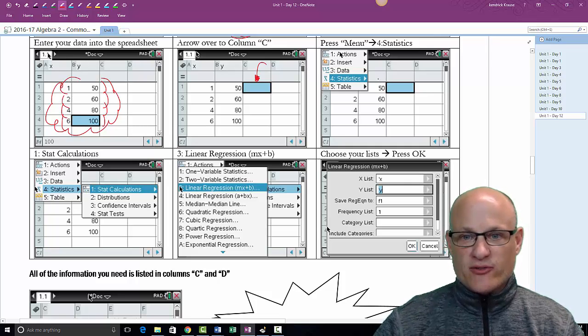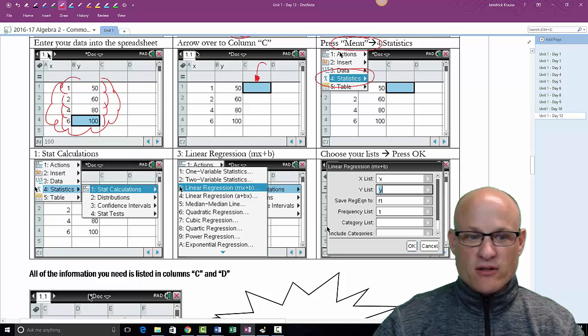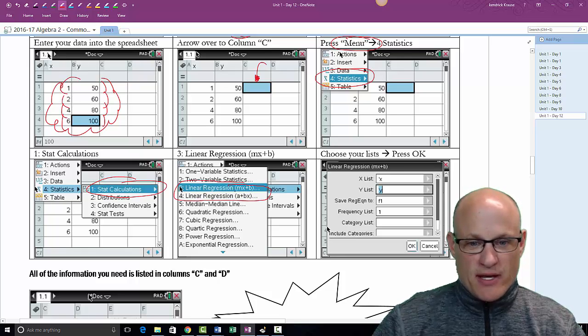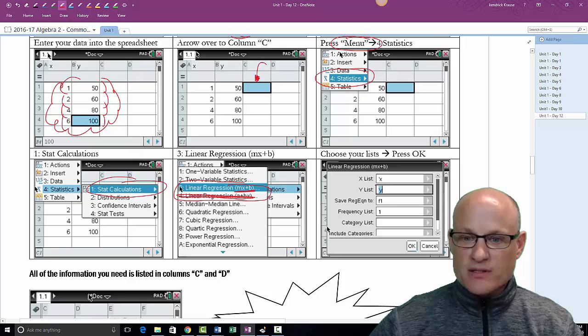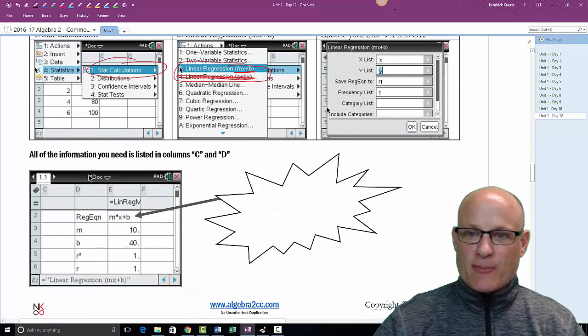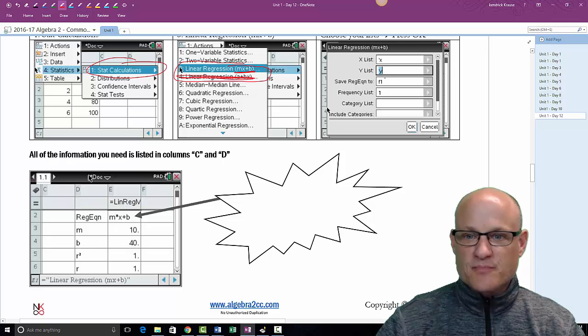You go into menu, statistics, stat calculations, and then you pick linear regression. Notice there are two of them. Use the one that makes sense, mx plus b. We're not using the other one, don't bother with it. And then all you have to do is say, I put my x list, I called it x, my y list, I called it y.